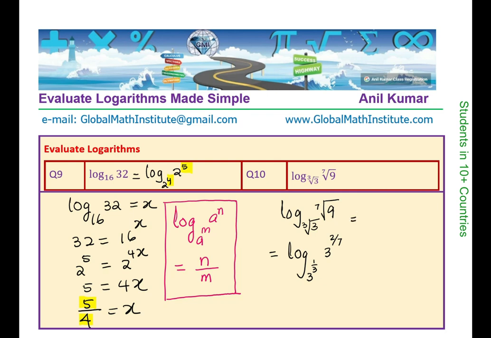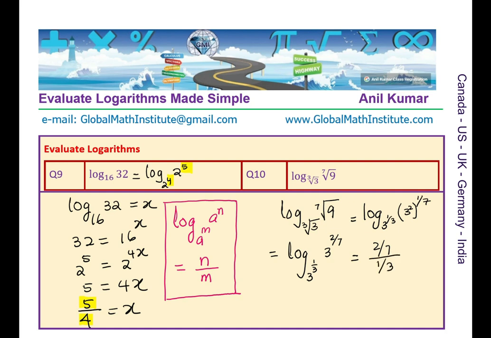You could write like this. Log to the base 3 to the power of 1 over 3, of 9 is 3 square, right, to the power of 1 over 7. So 2 over 7. Now, using this rule, we can write down the answer. Numerator power is 2 over 7, right, over 1 over 3.